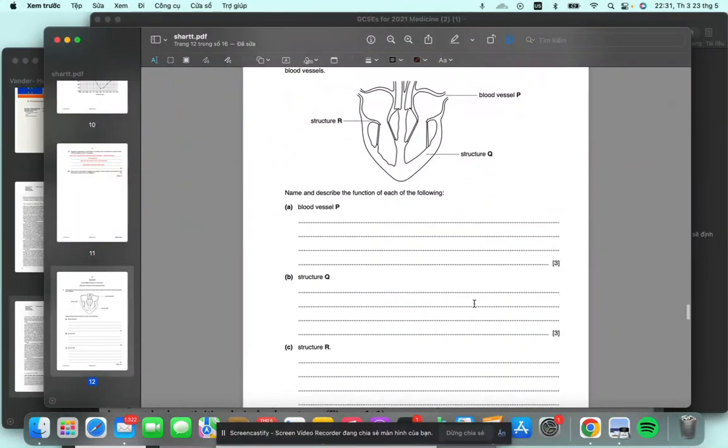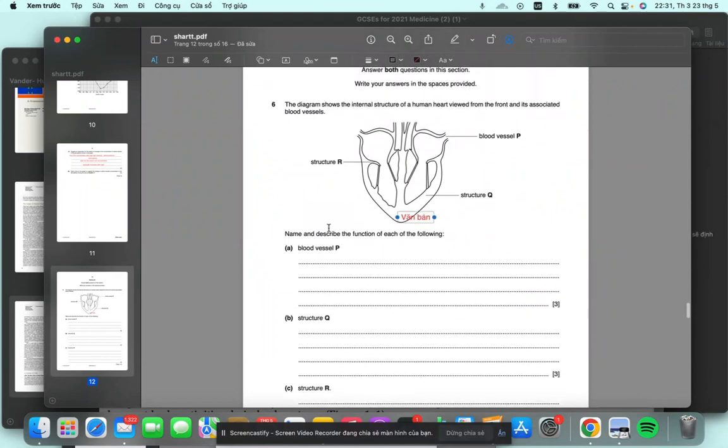Okay, so section B, we could see the blood vessel. If I'm sitting here, structure Q is my left ventricle. What does the left ventricle do?